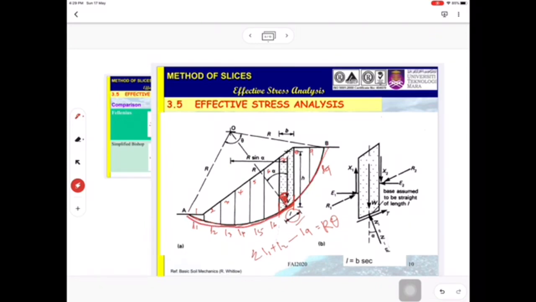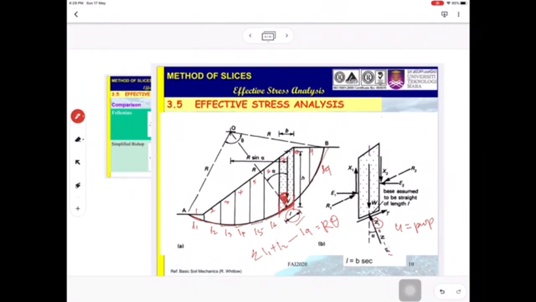But for effective stress analysis, it is divided into slices to make it more precise. Then for effective stress, if there is water hydrostatic pressure, remember that you have to subtract U. U is always the pore water pressure, times L. So you will get N prime.